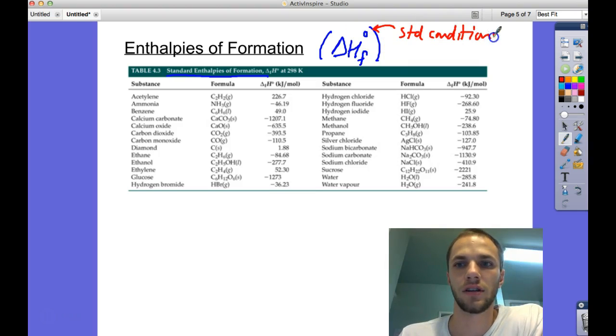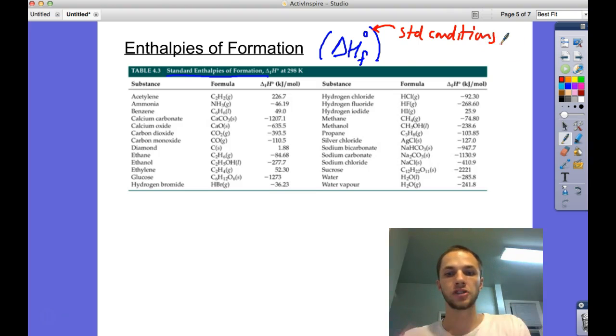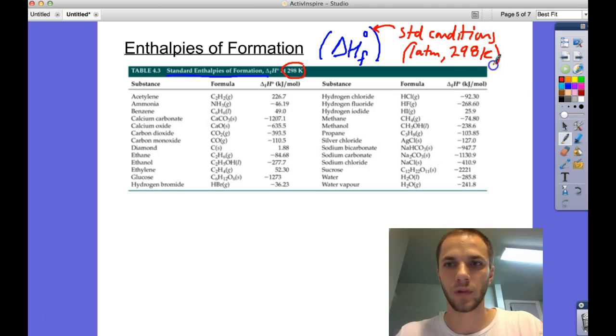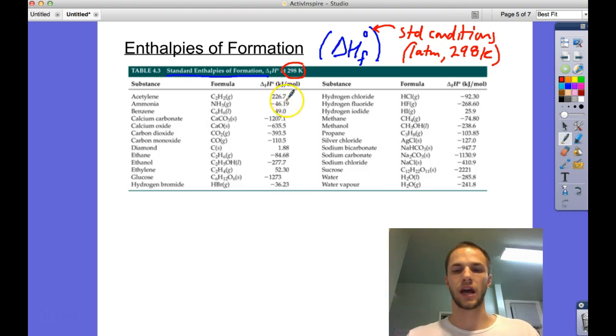Standard conditions for energy calculations are different than standard with gases. STP, we learned, was a certain set of standard conditions. Standard conditions for enthalpy are always at 1 atm and 298 Kelvin. So all reactions are conducted at those conditions in order to normalize how much energy is gained or lost.